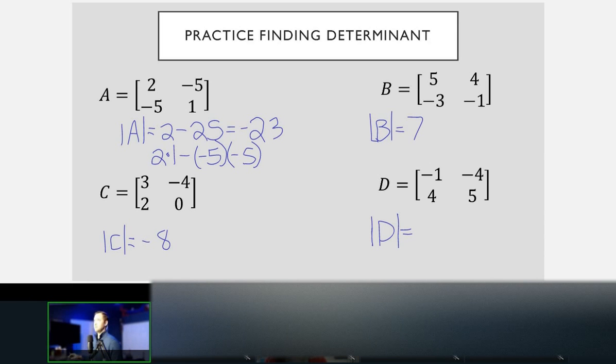I don't have the answers in front of me, and I will believe you if you tell me this. However, I look at this and I don't believe you. So let's actually show the work. And if you're doing these in your head, maybe you shouldn't. Maybe you should write them out because of simple mistakes. So we're going to have, remember, this is 3 times 0 minus -4 times 2.